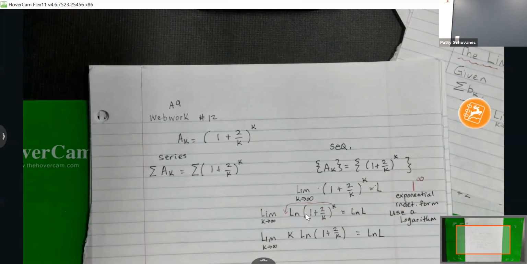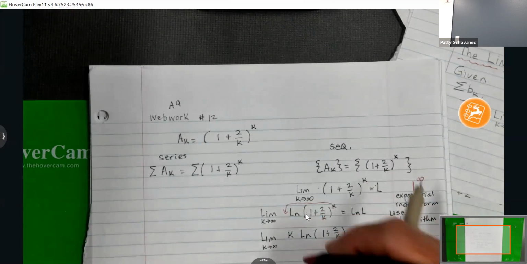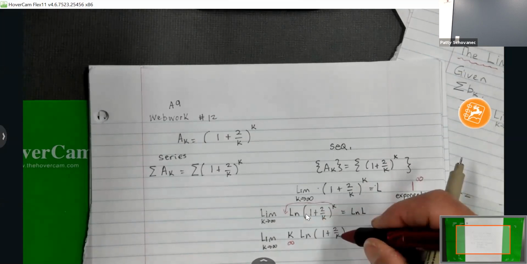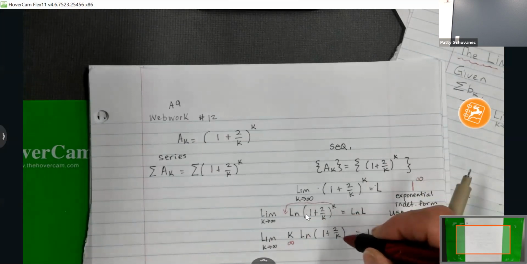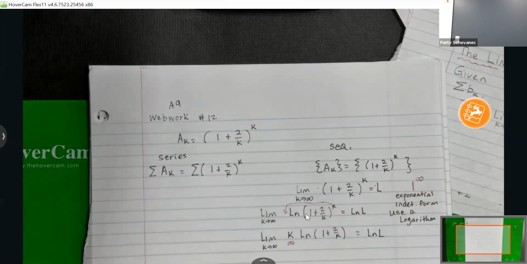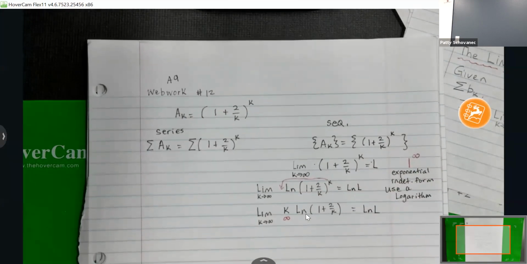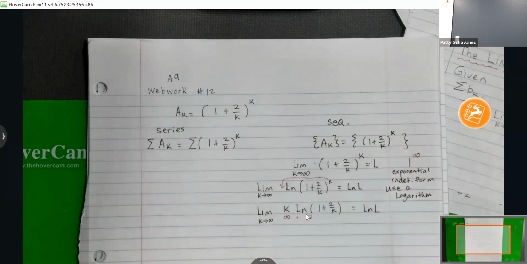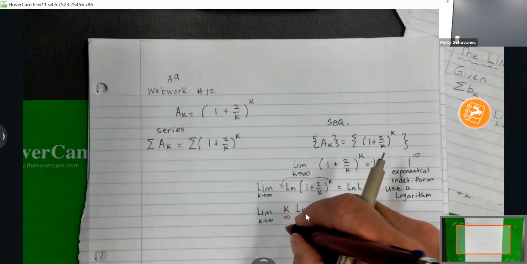And now I try to take this limit. As I take this limit, this k right here goes to infinity. So does that one, which makes 2 over k go to 0. So the second term behaves like the natural log of 1. The natural log of 1 is 0. So we get 0 times infinity. That's another indeterminate form.